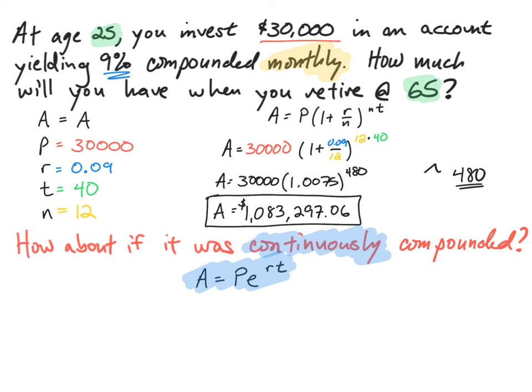Now you would still want to go through and write down everything that you can. We have an A, we have a P, we have an R, we have a T. It just so happens that all of these items are going to be the same as the one above: 0.09, and the time is 40.